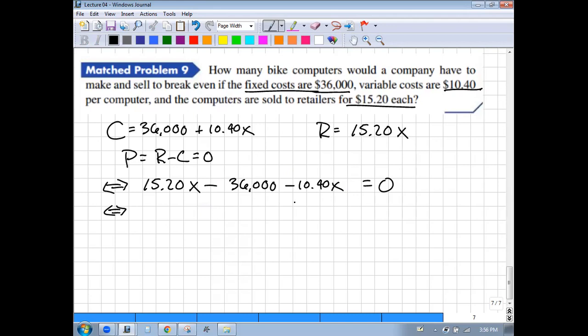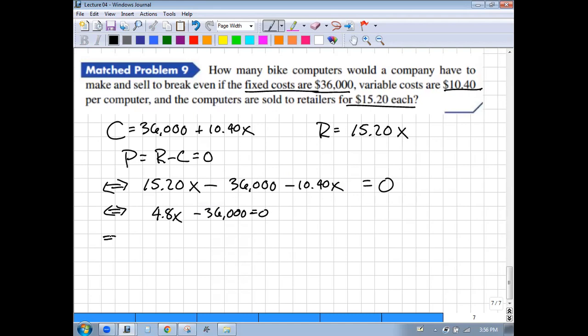What is that? That's 4.2 and another 0.6, 4.8. Is that right? 1520 minus 1040. 4.2, and yeah. And then we have minus 36,000 equals 0.